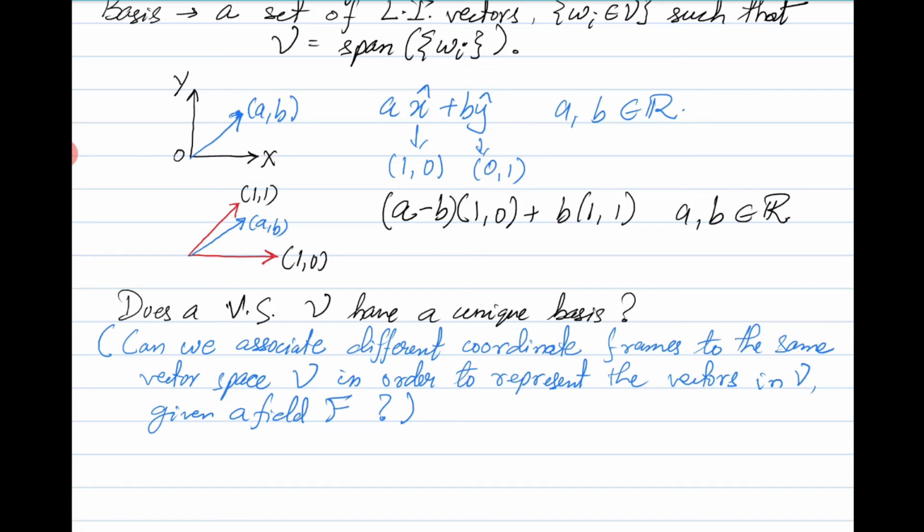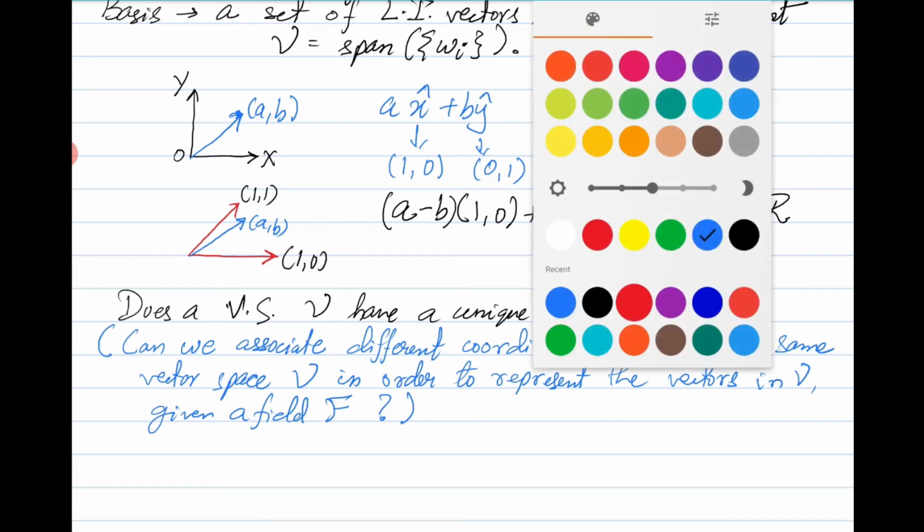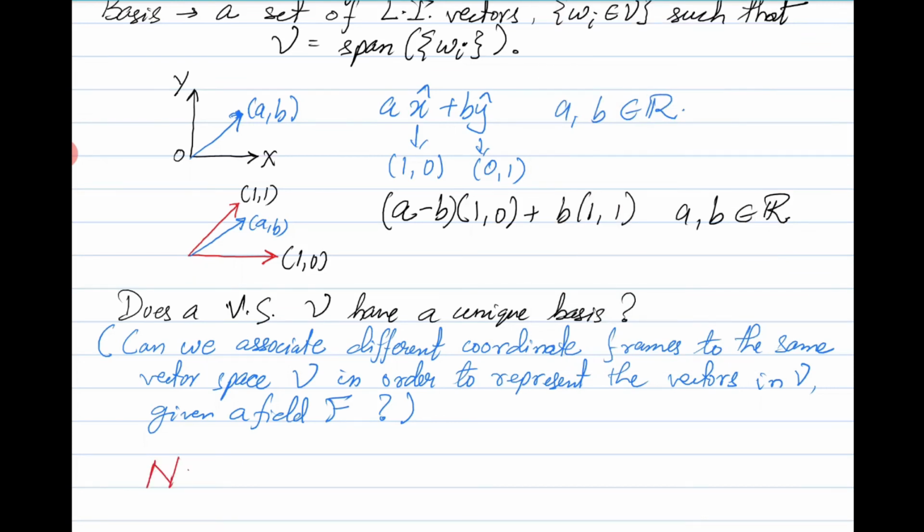And from the above example, the answer is no. Vector space V does not have a unique basis.